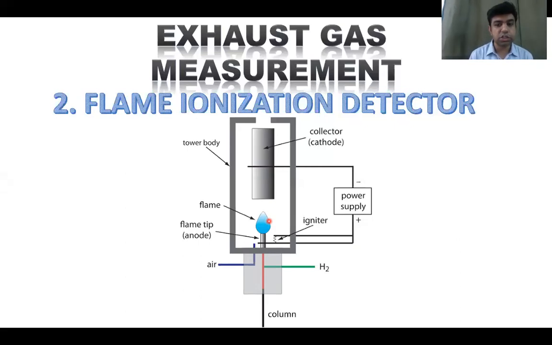Here the generation of ions is important. How many ions are getting generated gives you the value of the presence of hydrocarbon molecules, right? So at a number of places, for only one gas, this whole apparatus becomes a bit costly, right? So we are not using this to measure all the different gases.